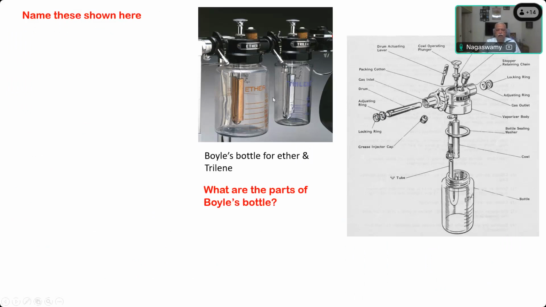Otherwise, what will happen? The agent with the higher boiling point may condense into this and mix with that and contaminate this. That is the reason why you want to always have this. Nowadays, one of the reasons why you have this interlocking system, the selector Tec, is to avoid this problem of the agents getting mixed up with each other.